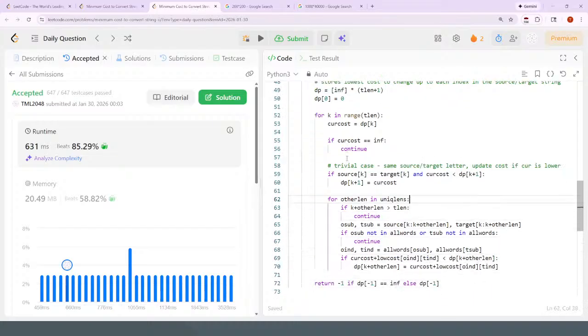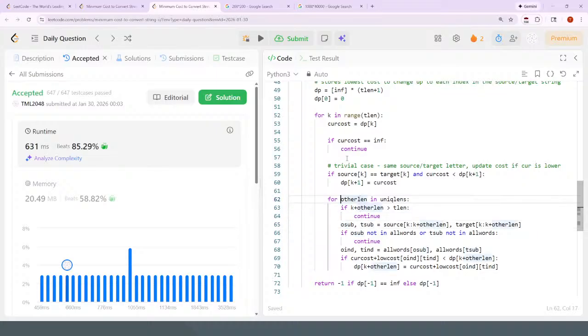And then for every possible length of exchanges, assuming that length doesn't push this thing out of bounds, consider the strings involved for that length from the source string to the target string.